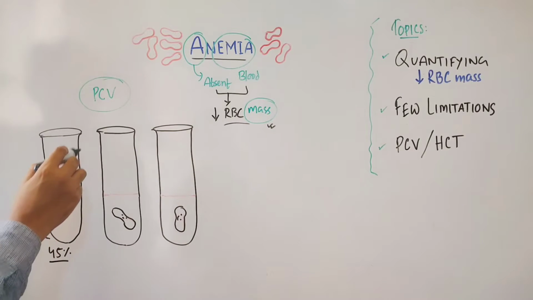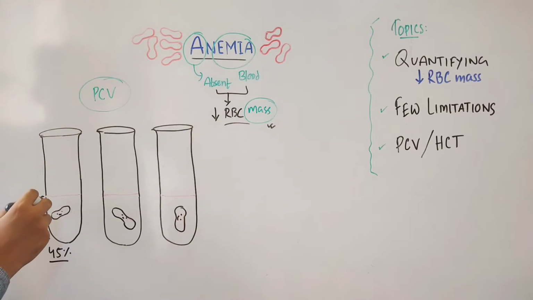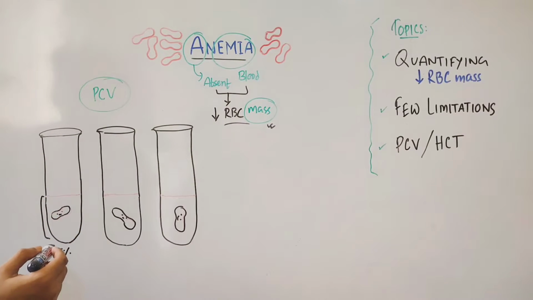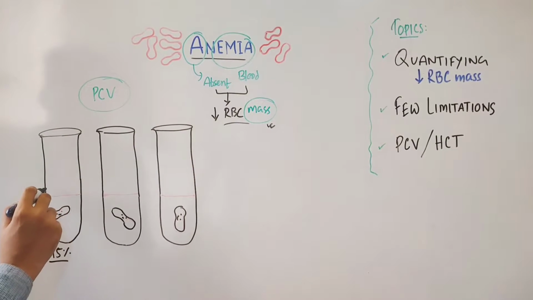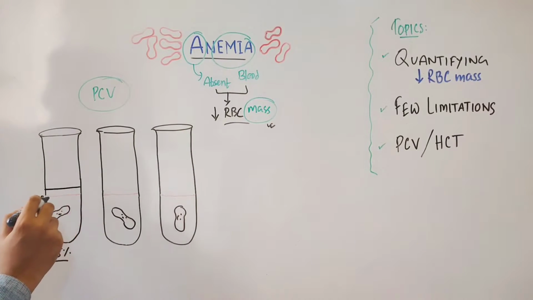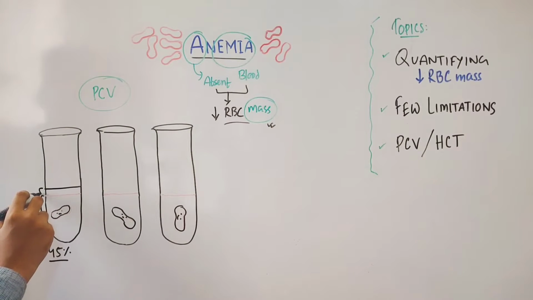So I have tried to give a demonstration of what a post-centrifugation column of blood looks like. This is the RBC column, and this is our buffy coat.